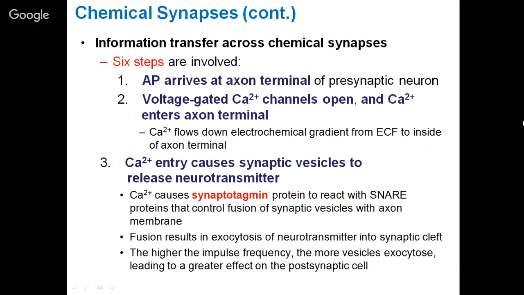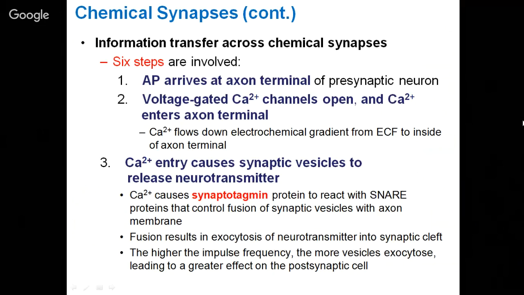The first one would be the action potential arrives at the axonal terminal of the presynaptic neuron, and the action potential stimulates the voltage-gated calcium channels to open, and because of that, calcium enters the axonal terminal of the presynaptic neuron, and this calcium entry causes the synaptic vesicles to release neurotransmitters.